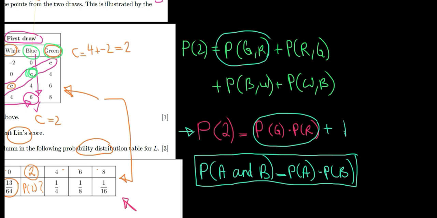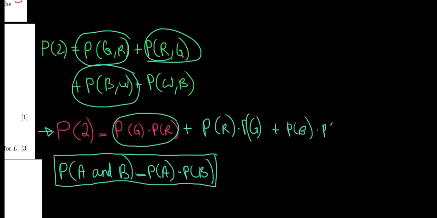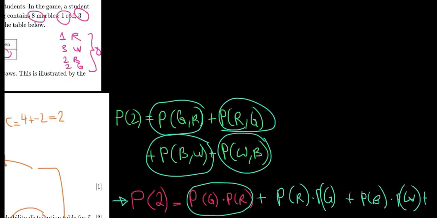And then I have to do probability of red times probability of green. And then I do the other two, plus probability of blue times probability of white, and then plus the last one, probability of white times probability of blue. I do all of that and I substitute the probabilities from the table. So I go here, circle it. This thing is going to help us with the probabilities.